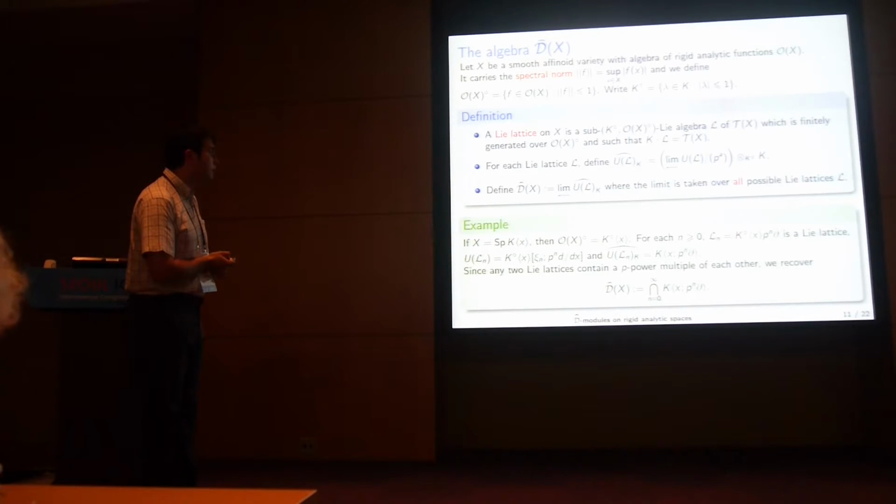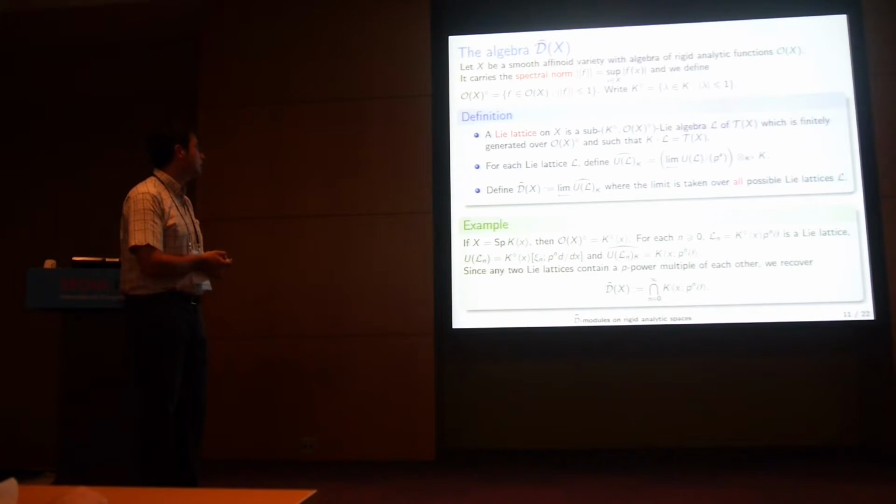And then you can take the free module generated by p and del. This is a subset of all vector fields. You can take the enveloping algebra, and then you get something generated by this ring and basically p times del, and then when you p-adically complete and invert p, you recover, well, this is the formal definition of what I had before.